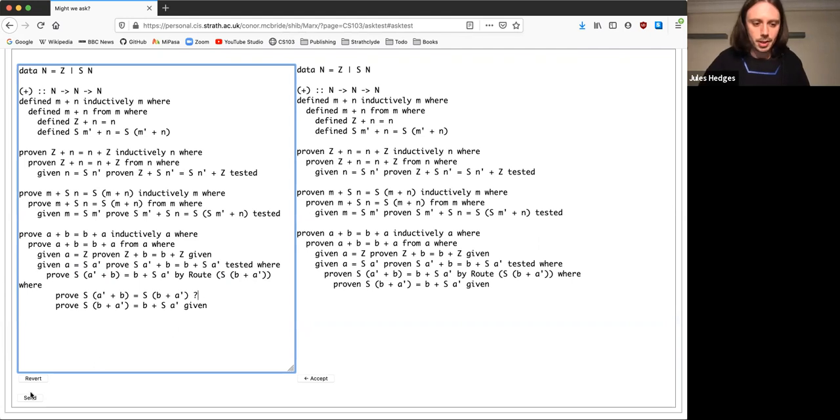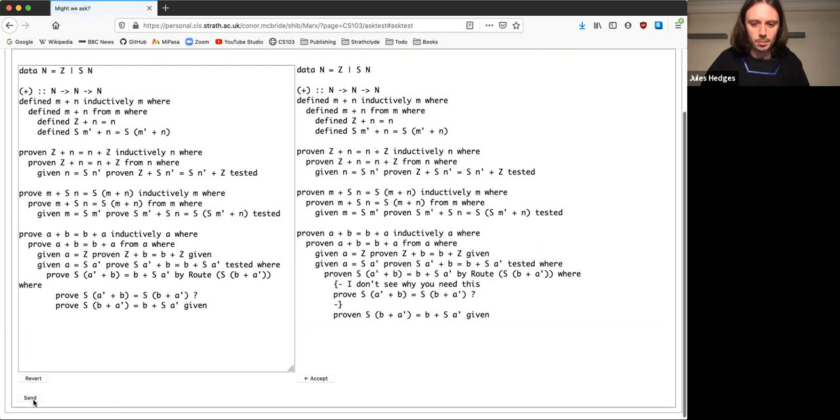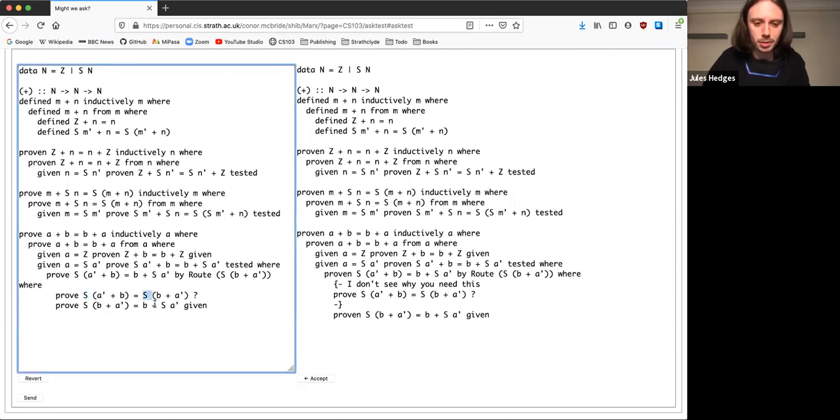But it turns out, slightly mysteriously, this doesn't work. The reason is that for slightly technical reasons, ask really hates it when you say an equation where both sides begin with the same constructor. So what you need to do here is remove the s from both sides.